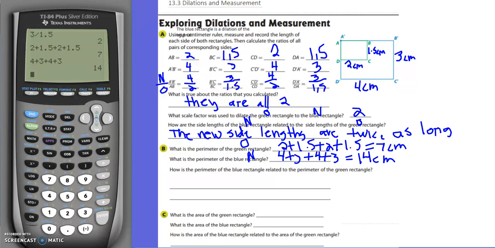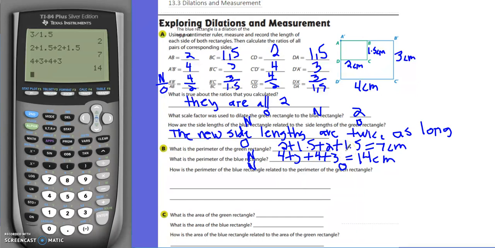How is the perimeter of the blue rectangle related to the perimeter of the green rectangle? So remember, blue is the new and green is the original.